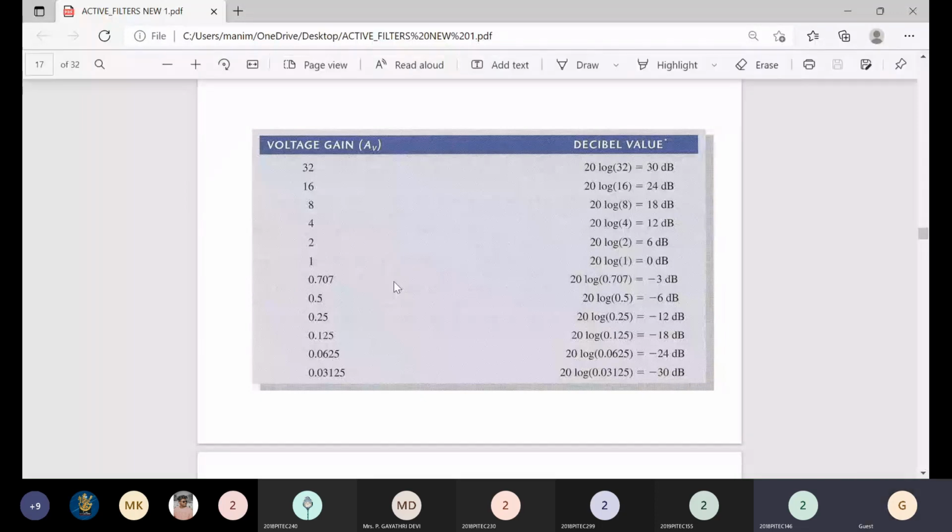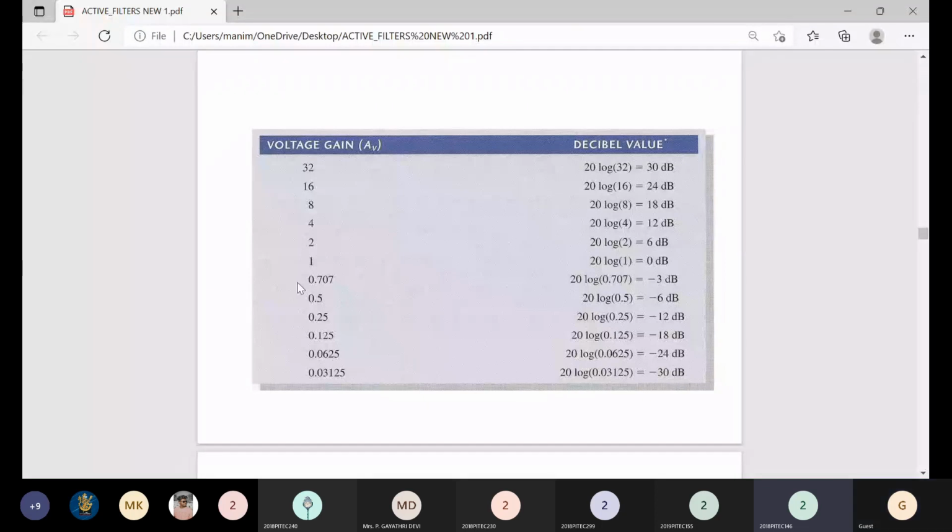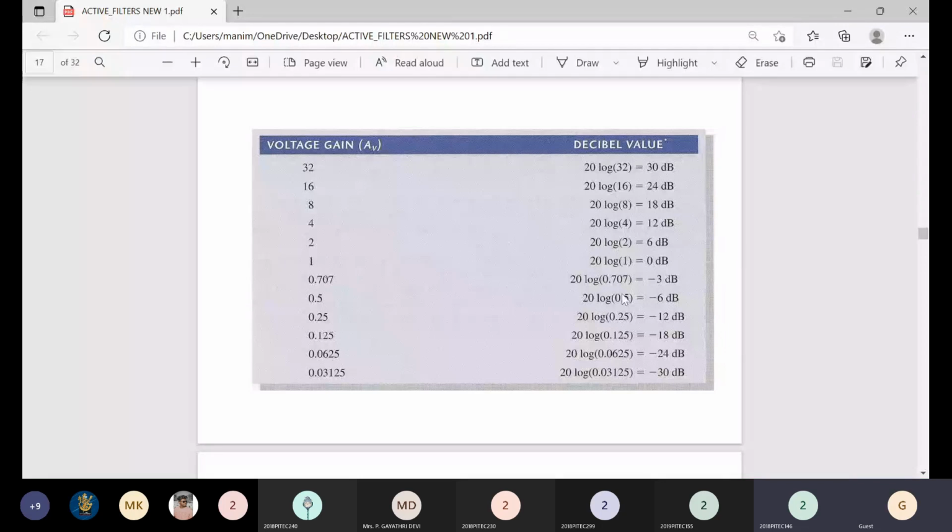At the cutoff frequency the gain decreases from the maximum to 70.7 percent, which is 3 dB, that is, from 0 to minus 3 dB. Based on voltage gain, we calculate the gain in dB using this formula. You know that.